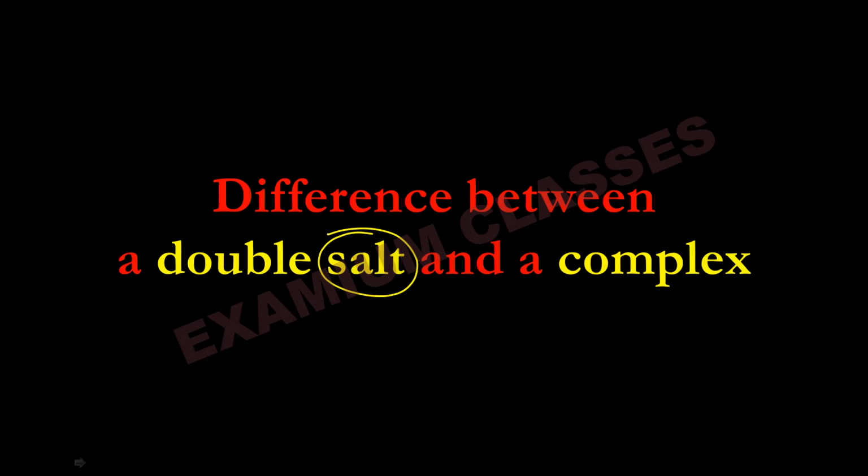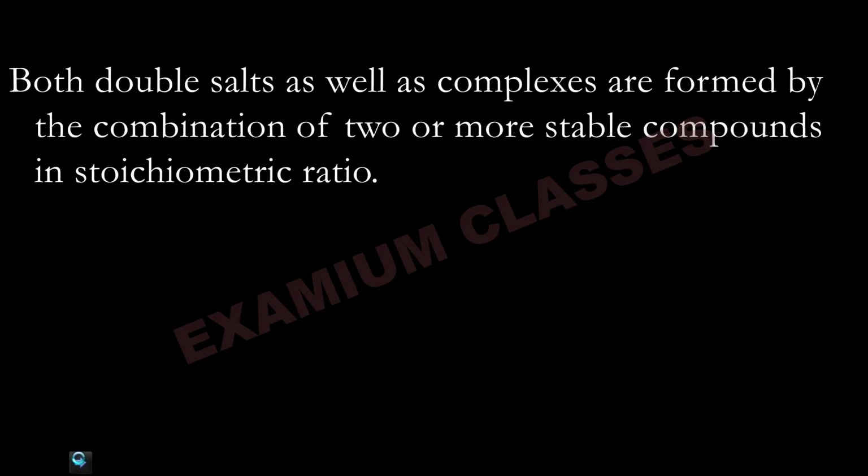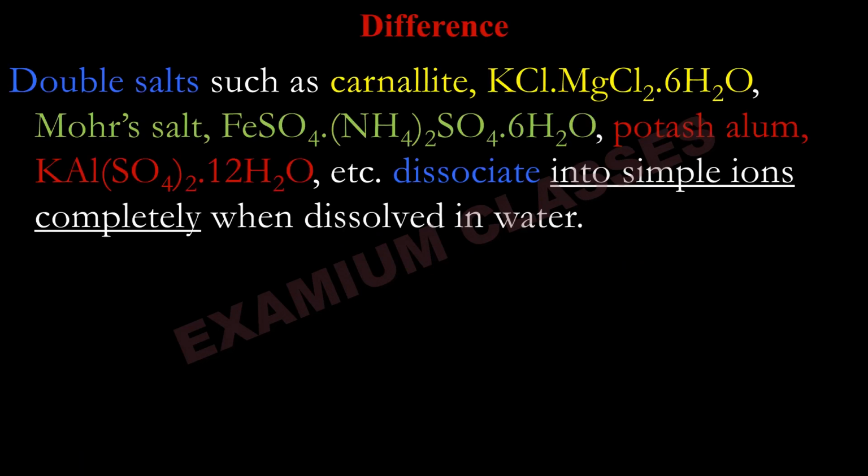Double salt means it is a combination of 2 salts. So if I am talking about, say, these compounds, double salts such as KCl.MgCl2.6H2O, in hydrated form, normally it remains like this. In case of coordination compounds, also you have H2O, 6H2O, 5H2O, like that.